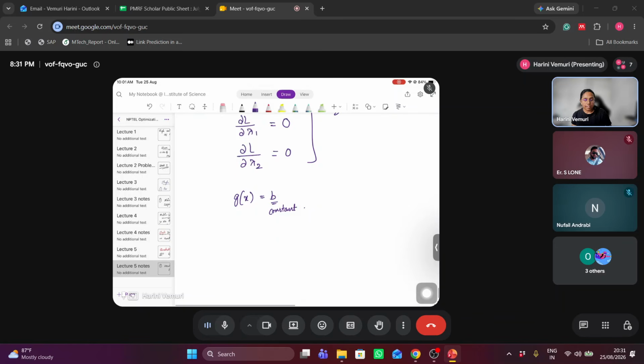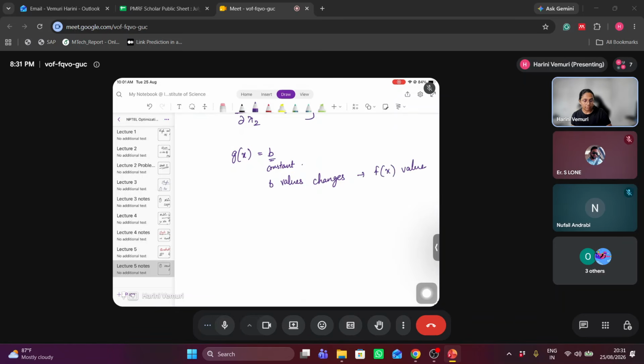He also explained if the b value changes, increases or decreases, how the objective function f of x value changes.